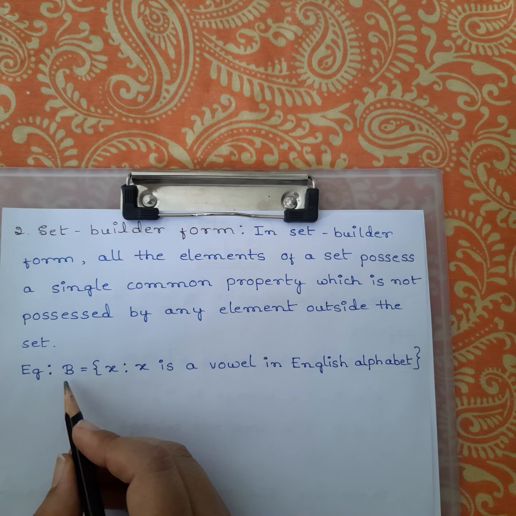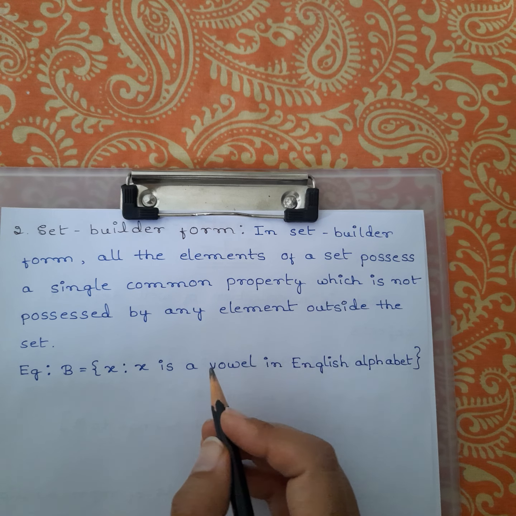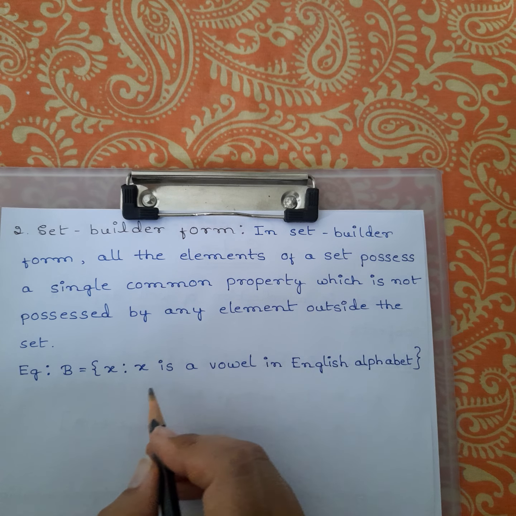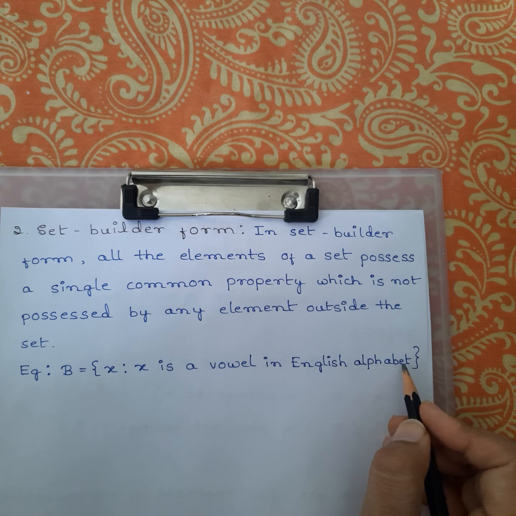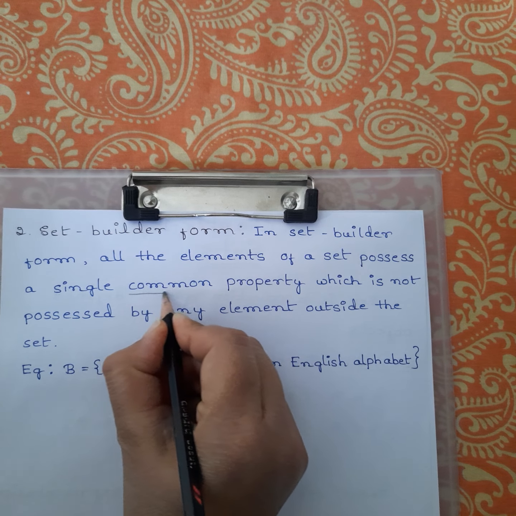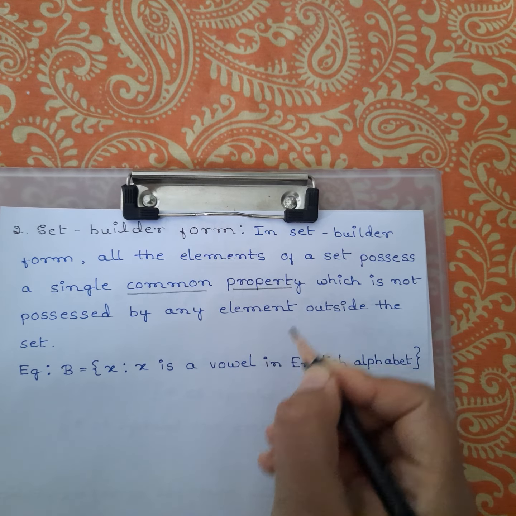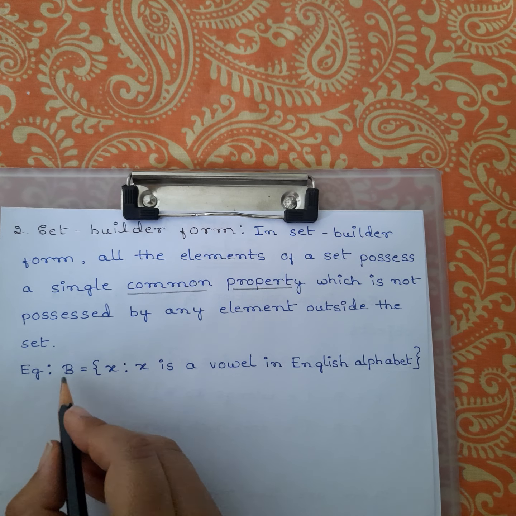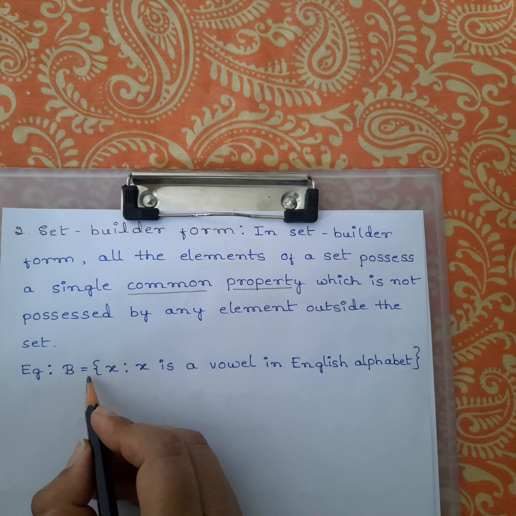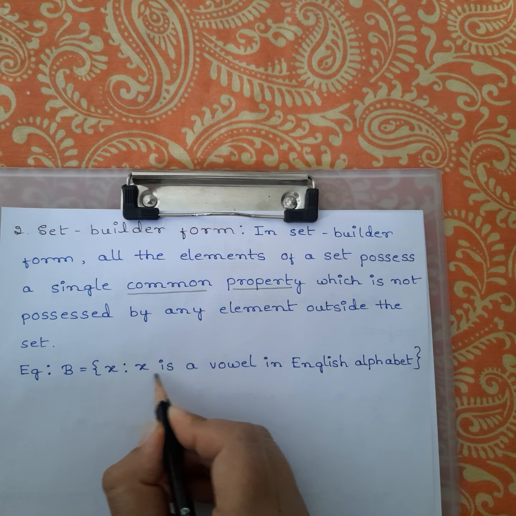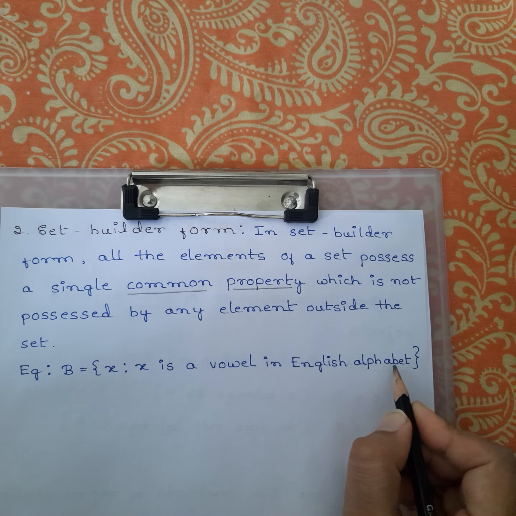In comparison to roster form, where we have to list out all the elements, in set builder form we write the common property possessed by the elements. For example, here we have set B, which can be read as the set of all x such that x is a vowel in the English alphabet.